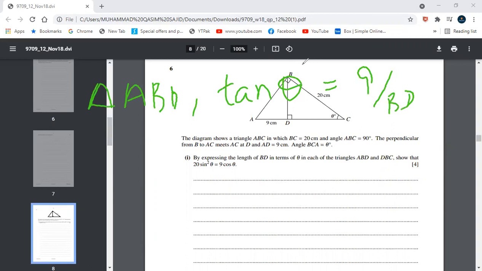So what's the value of tan theta? How to find? So tan theta is nothing but, so the BD equals to 9 upon tan theta.